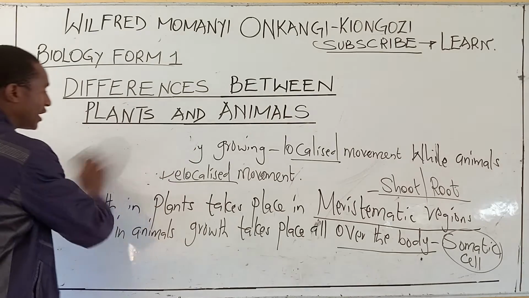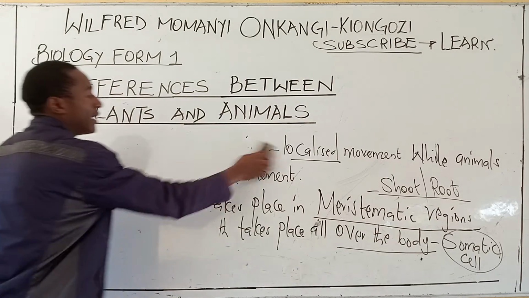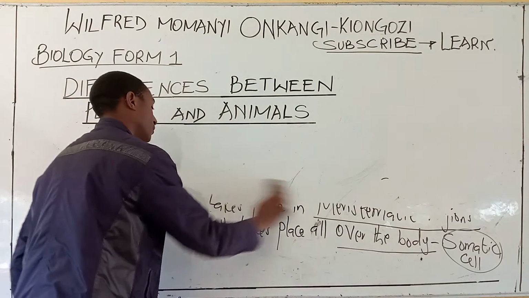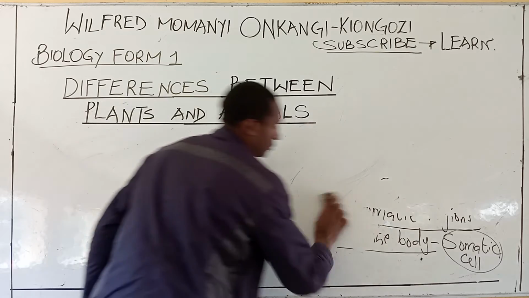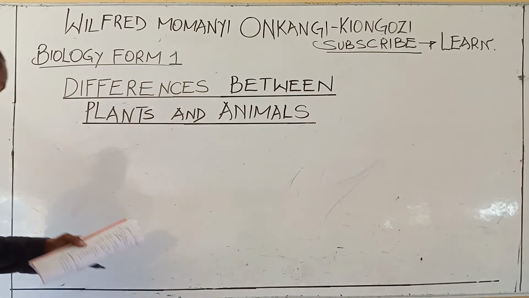There is a difference between how plants carry out excretion and how animals do the same. Point number 5.